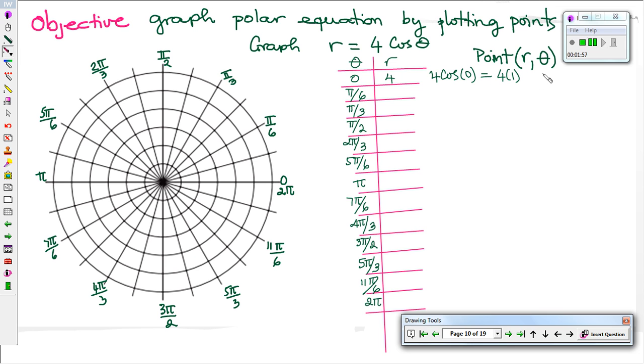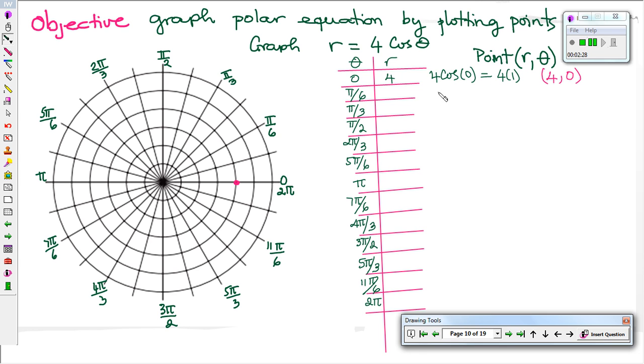I'm going to look for our 0 radian, and on this terminal side from the pole, I'm going to count 1, 2, 3, 4. So this will be point number 1.